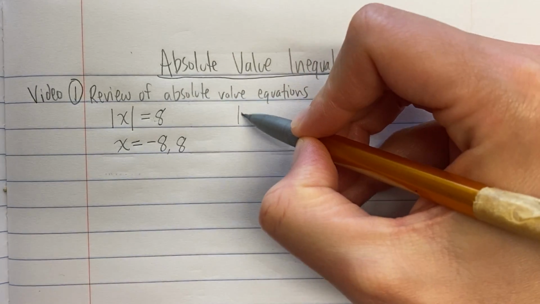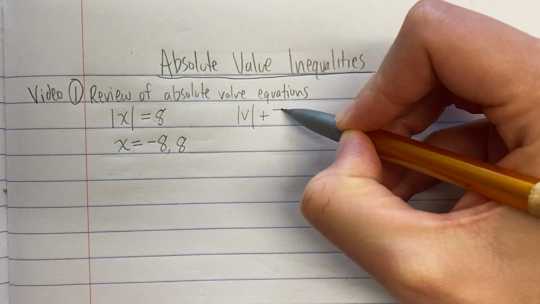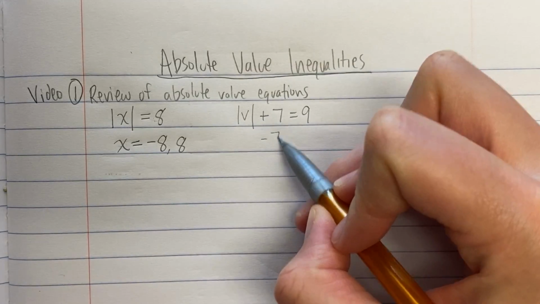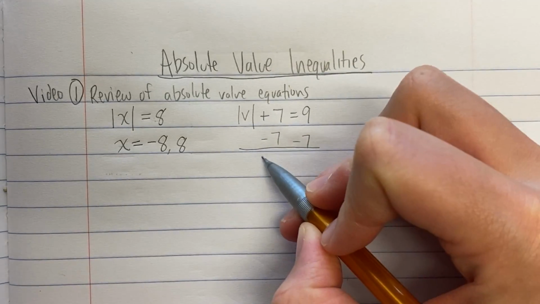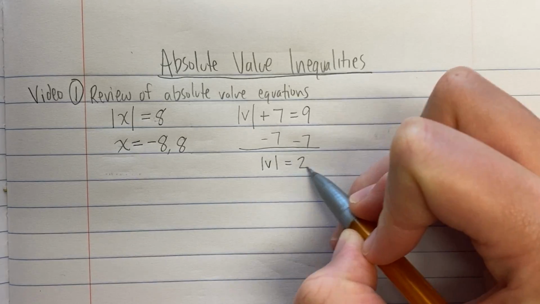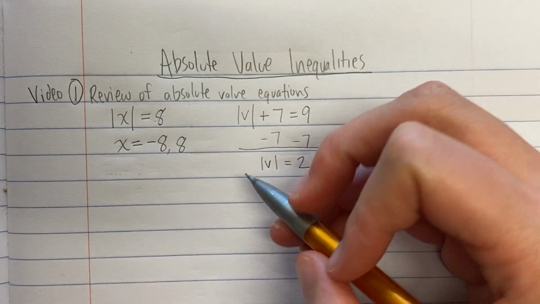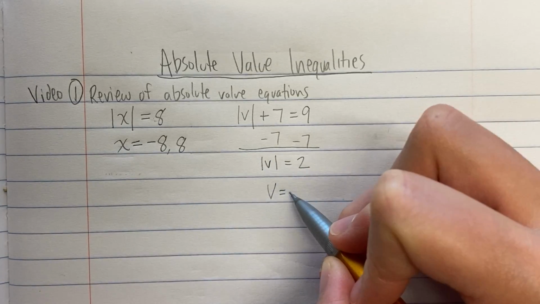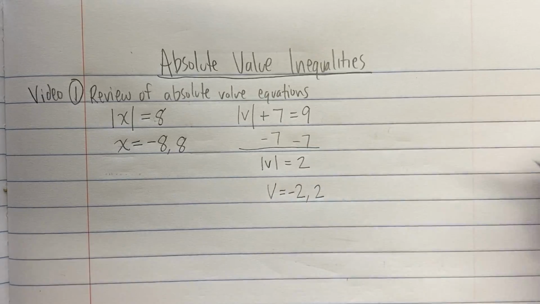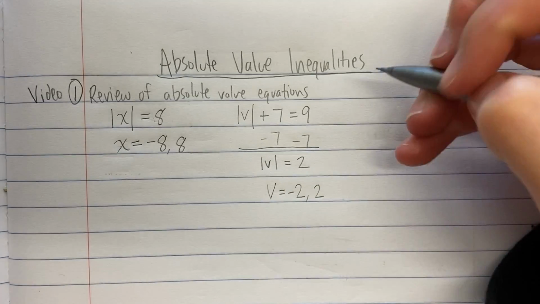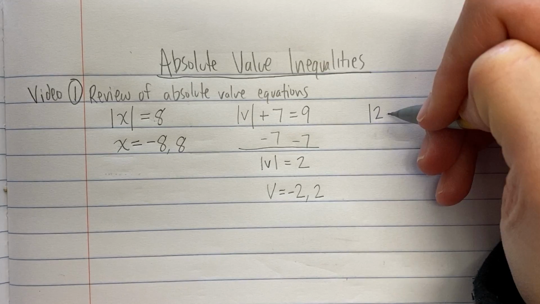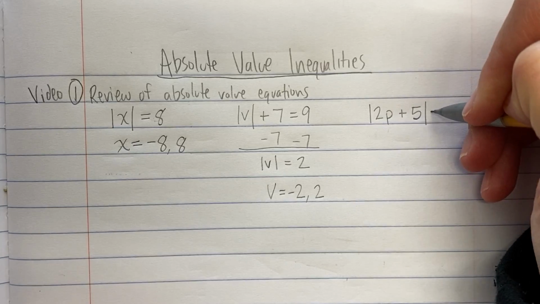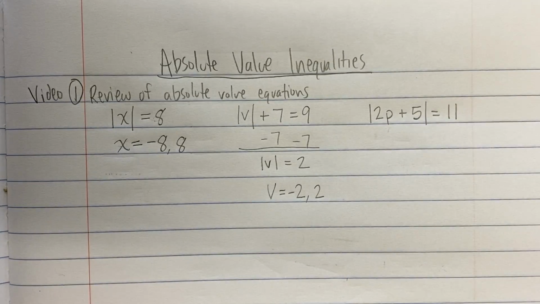And then we got slowly a little bit more complicated right here. The absolute value wasn't yet isolated, so I had to get the absolute value by itself. And then again, what number could I plug in here that would make the absolute value 2? Well, it could be negative 2, or it could be positive 2. And then we got a little bit more tricky with something like this.